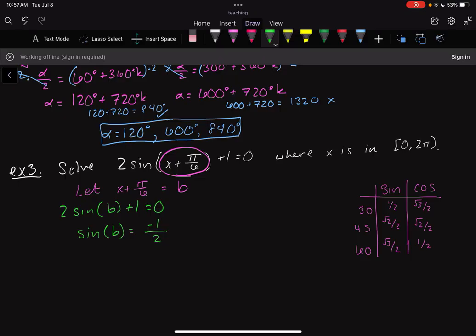So where does sine equal 1/2? That's going to happen at 30 degrees. So that's just my reference. That doesn't necessarily mean that B will be 30, but it'll have a reference of 30. Or in this case, since I'm trying to stick to radians, I can write that as pi over 6.